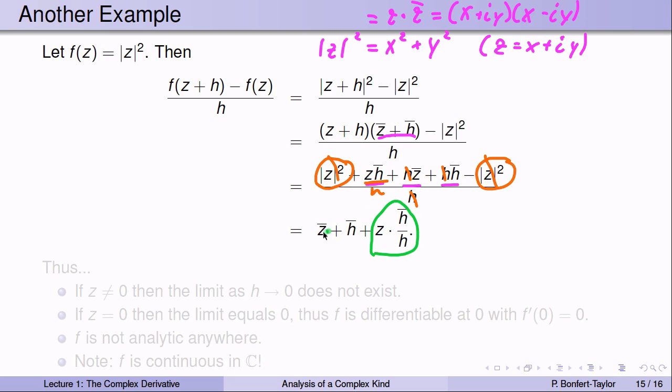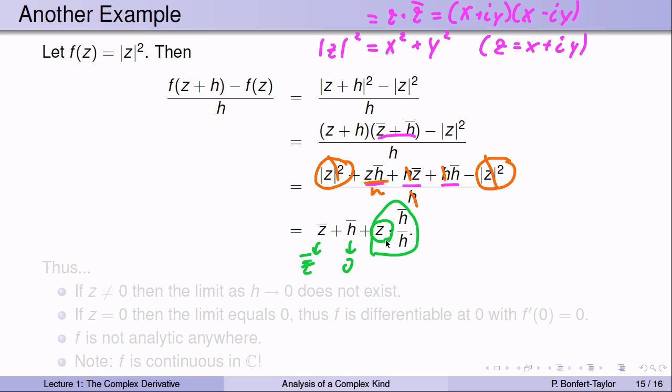And that is the troublesome term. As h goes to 0, z bar is not affected. That just remains z bar. H bar just goes to 0 as h goes to 0. But h bar over h, as we saw earlier, does not have a limit. So unless this term isn't there miraculously, it will cause trouble and will make the limit not exist. Except when this z is equal to 0, therefore making this term non-existent.